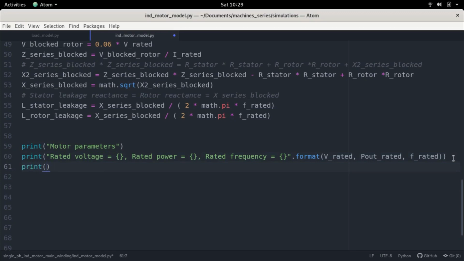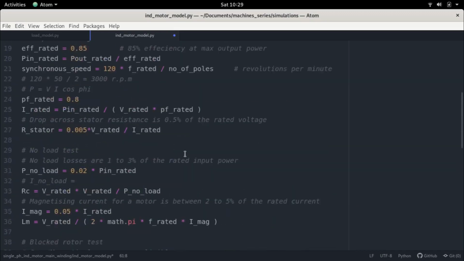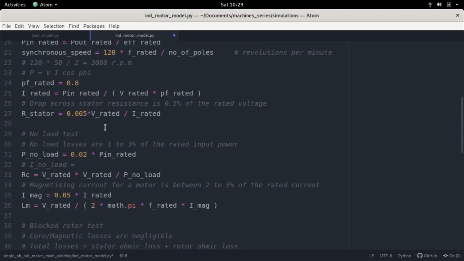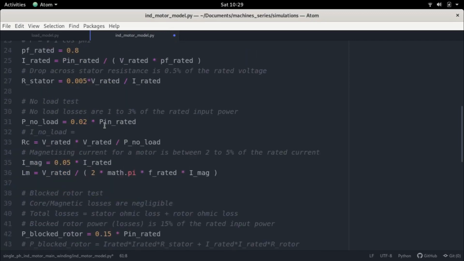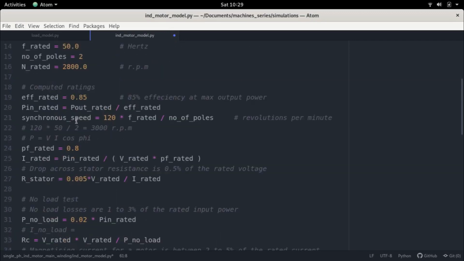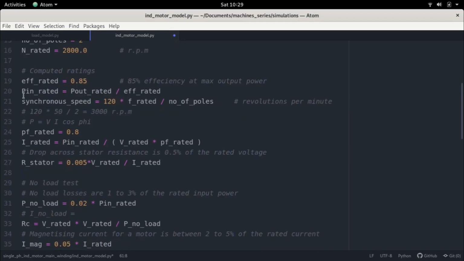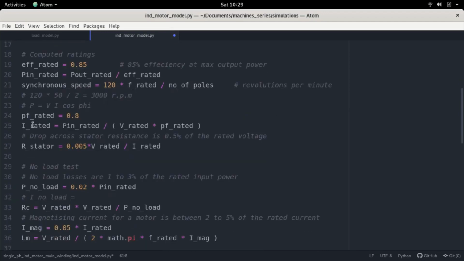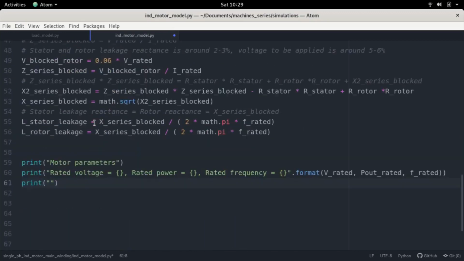So for example, let's go here and find out what all we calculated. We have calculated the input, we have calculated the synchronous speed, and we have calculated I-rated. So let's calculate these.